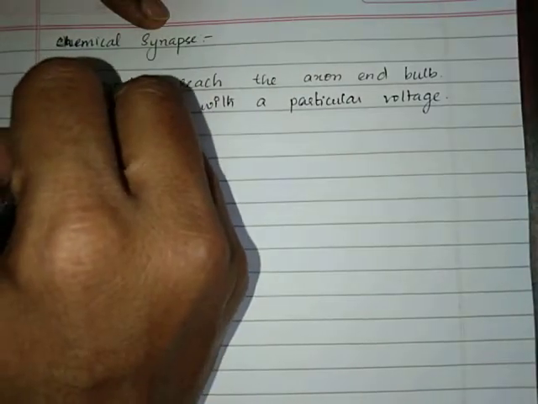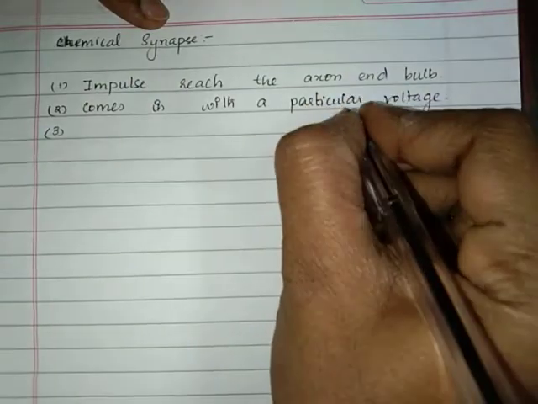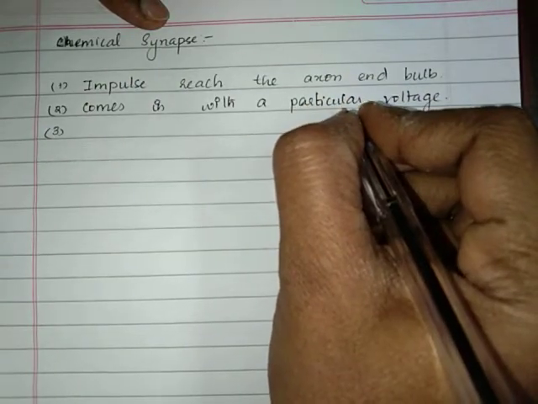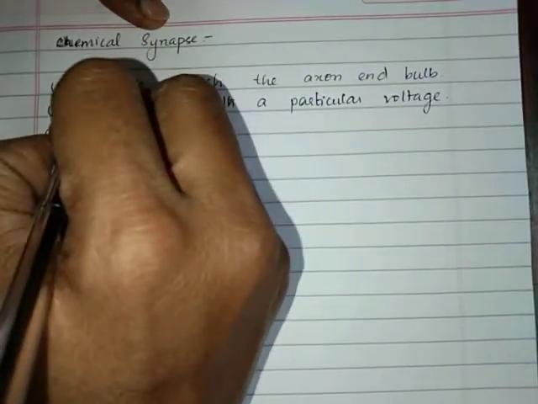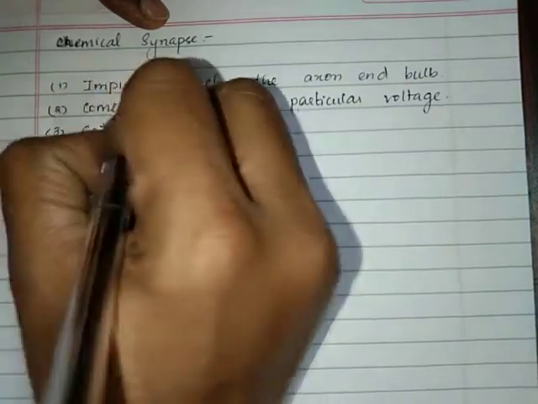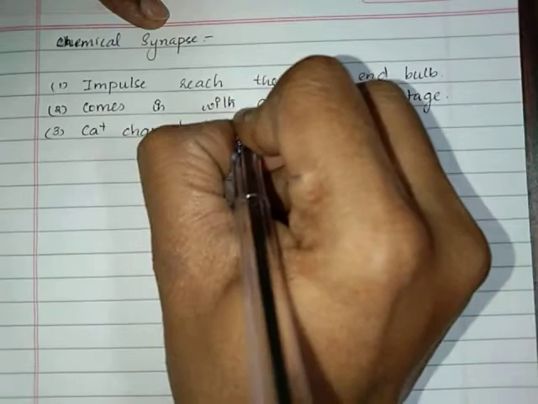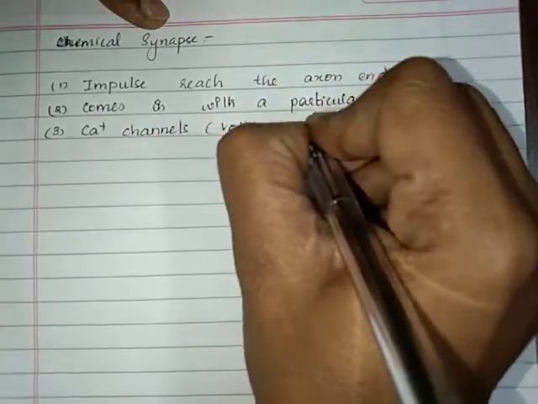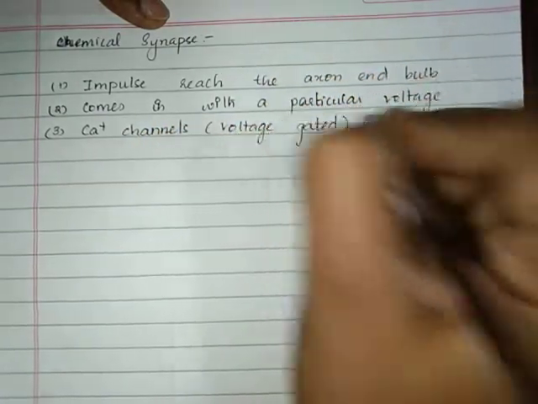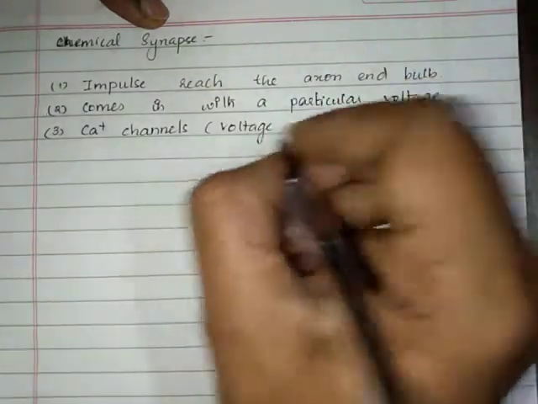So once it reaches the axon end bulb with a particular voltage, what happens is the calcium gates, the calcium channels that we write in the diagram, are going to be voltage gated, that is, they are going to open at a particular voltage and close at a particular voltage.